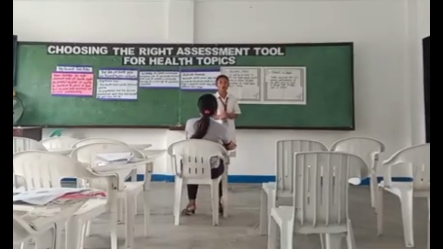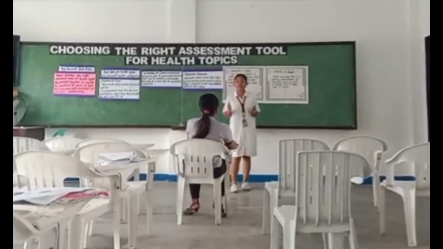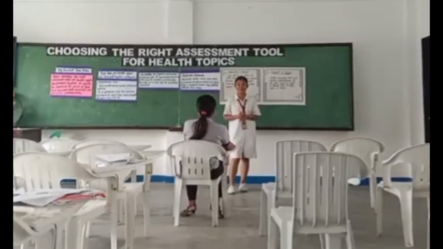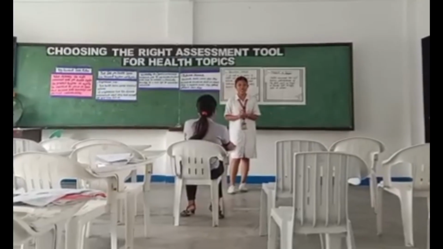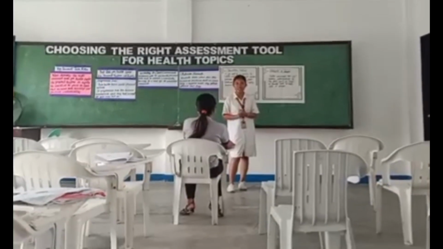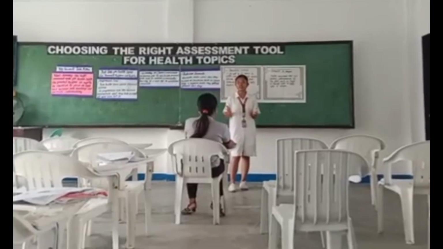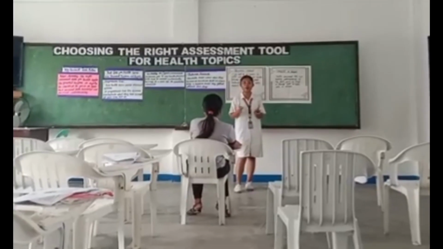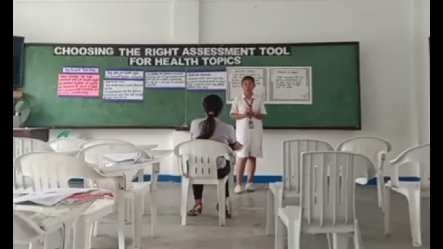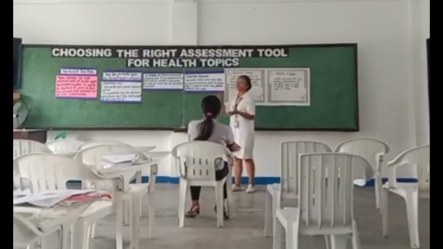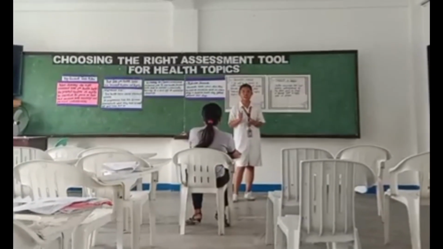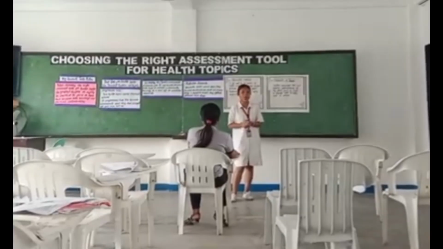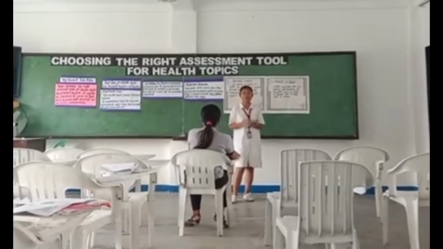To sum it up, when teaching health topics, it's important to choose the right assessment tool to match what students need to learn. Performance tasks are best for checking practical skills, like doing first aid or showing proper hygiene. Reflection journals are useful for understanding students' thoughts and feelings, such as how they manage stress or make healthy choices.